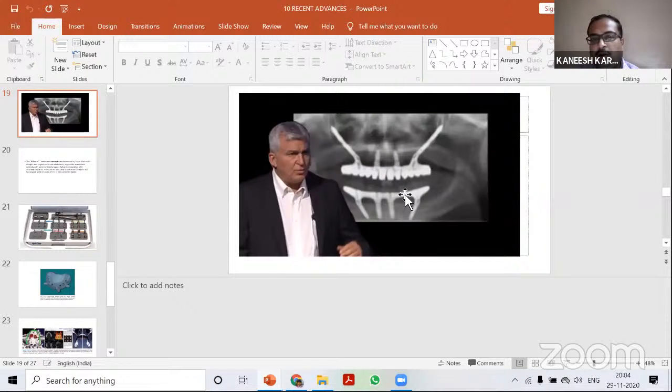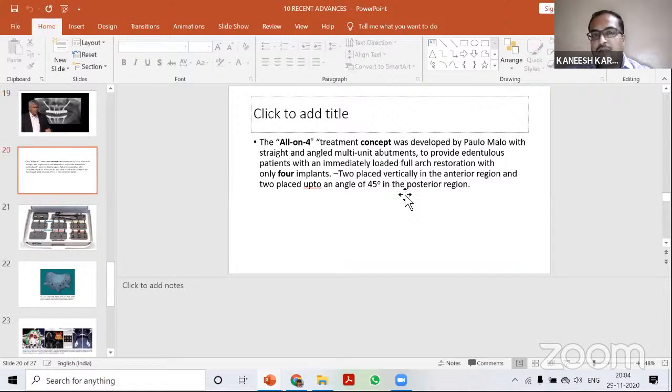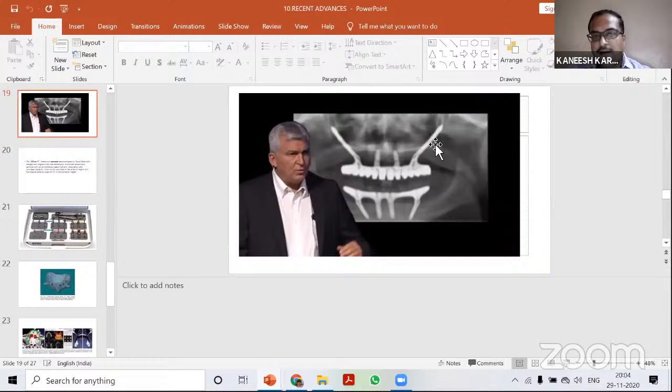All teeth on four implants is called all on four. So the all on four treatment concept was developed by Paulo Malo with straight and angled multi-unit abutments. Two implants will be straight and two implants will be angulated. We also have an all on four guide to place the implants at that particular level.